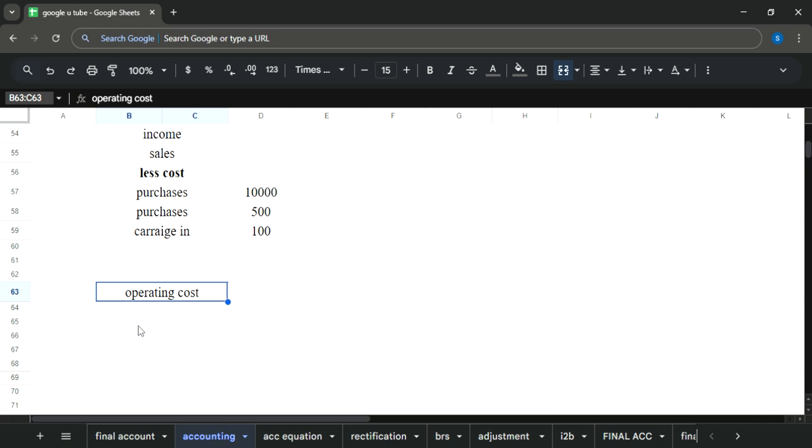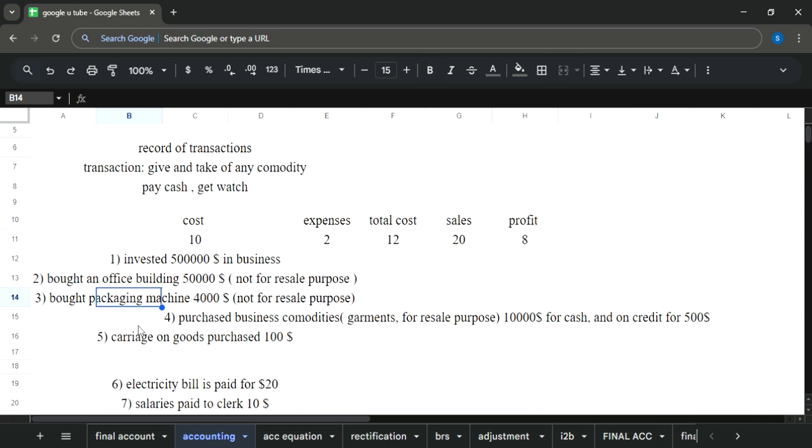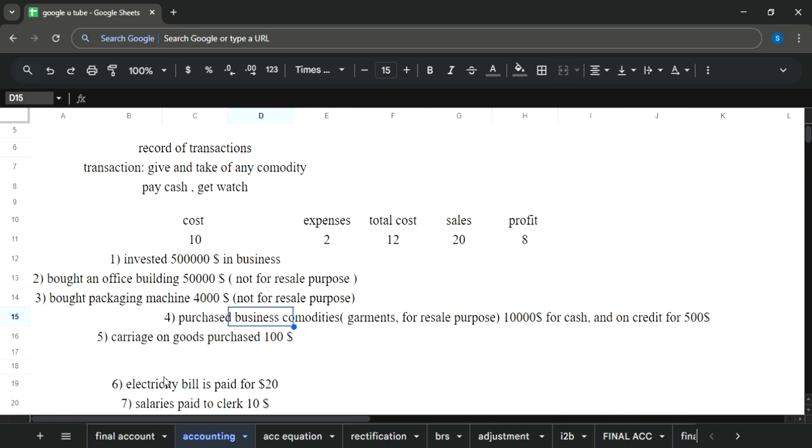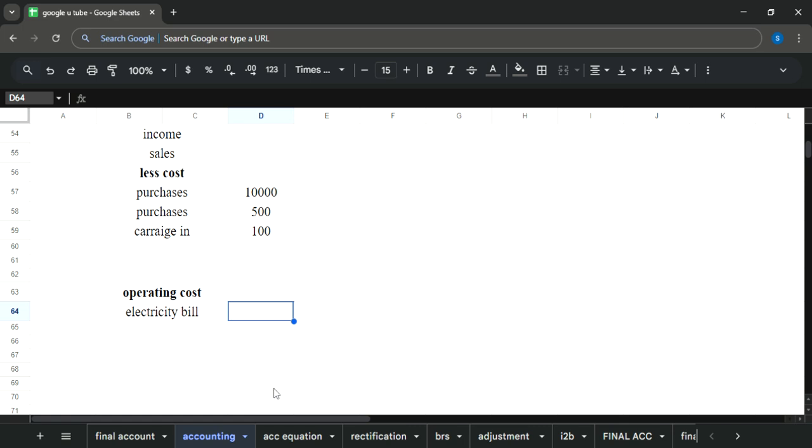This would be our separate heading. And now what we will do, we are going to write first electricity bill, and here you will mention separately that you have paid electricity bill. Now let's see how much amount of electricity bill, $20. Put $20 over here.